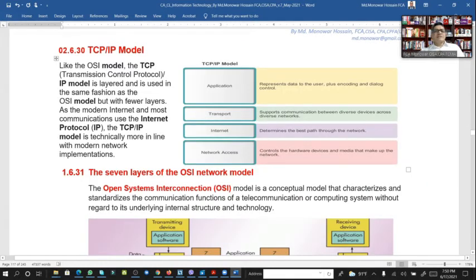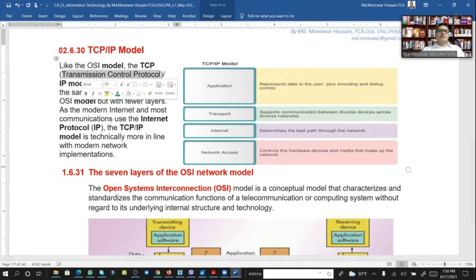Now the TCP/IP model. Like the OSI model, TCP means Transmission Control Protocol, and IP means Internet Protocol.